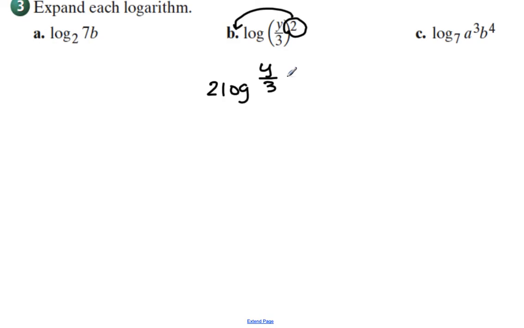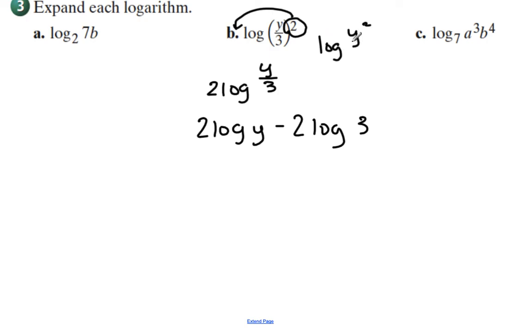Now we need to separate this with subtraction. So this would be 2 log y minus 2 log 3. Now the other way you could have looked at that is log of y squared over 3 squared. And then you can see that it works out the same either way.